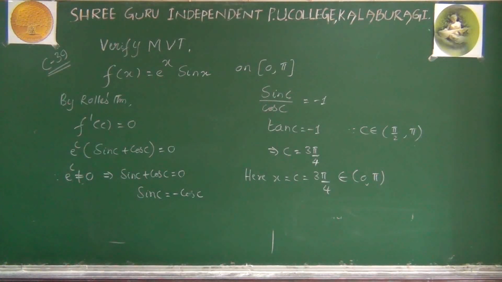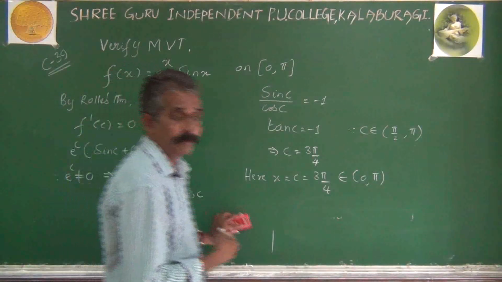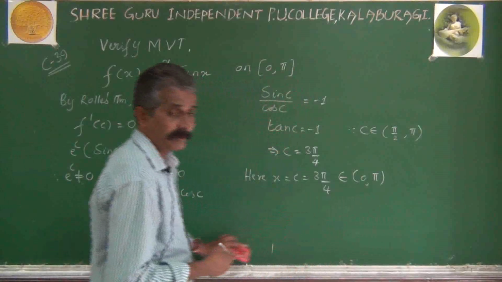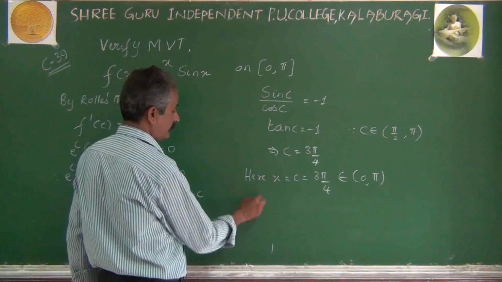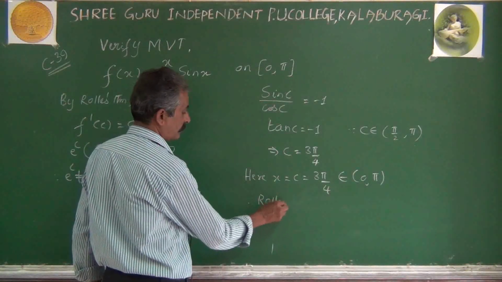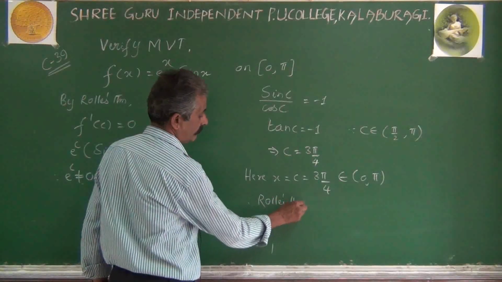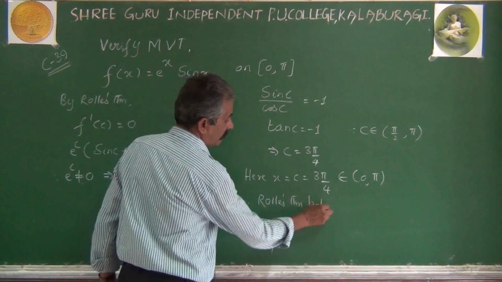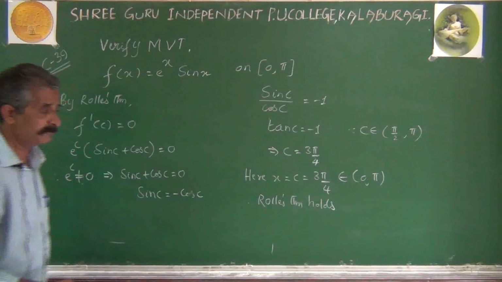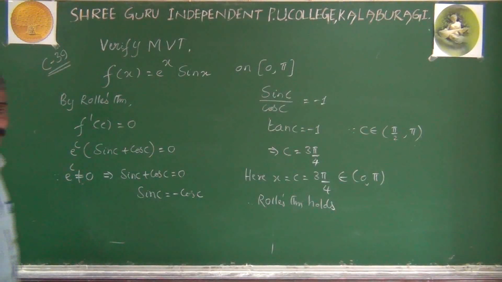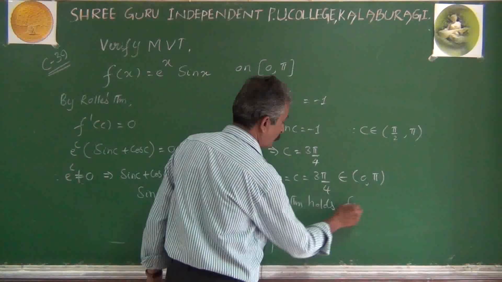So for this value of c, for this value of x, Rolle's theorem is satisfied. Therefore, Rolle's theorem holds, meaning it is applicable, for x equal to 3 pi by 4.